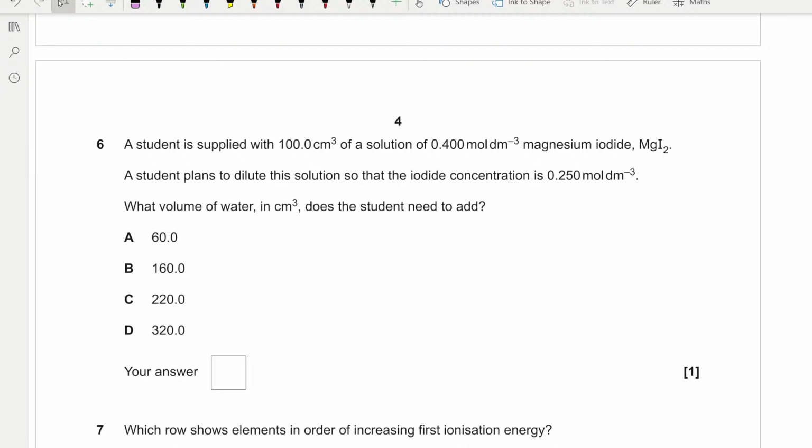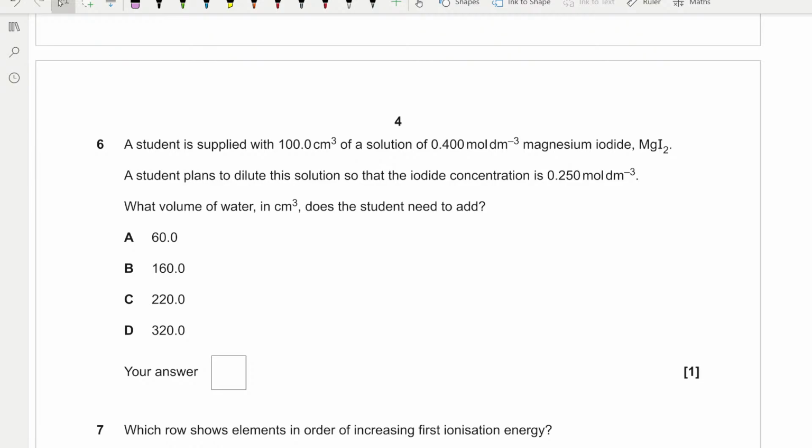So question 6. A student is supplied with 100 centimeters cubed of a solution of 0.4 mol per dm cubed magnesium iodide, MgI2. A student plans to dilute this solution so that the iodide concentration is 0.25 mol per dm cubed. What volume of water in centimeters cubed does the student need to add?